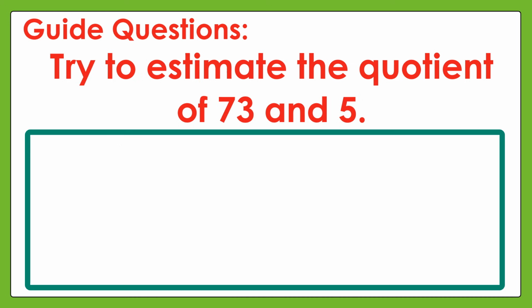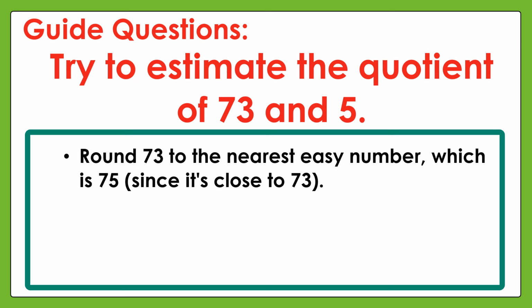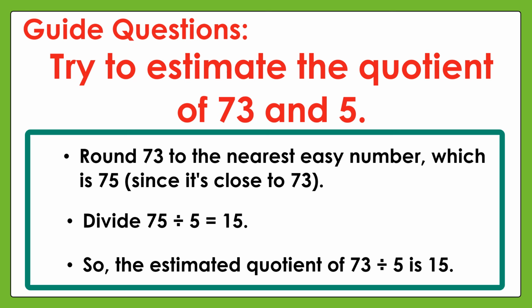Third, try to estimate the quotient of 73 and 5. First, round 73 to the nearest easy number, which is 75, since it's close to 73. Divide. 75 divided by 5 is equal to 15. So, the estimated quotient of 73 divided by 5 is 15.